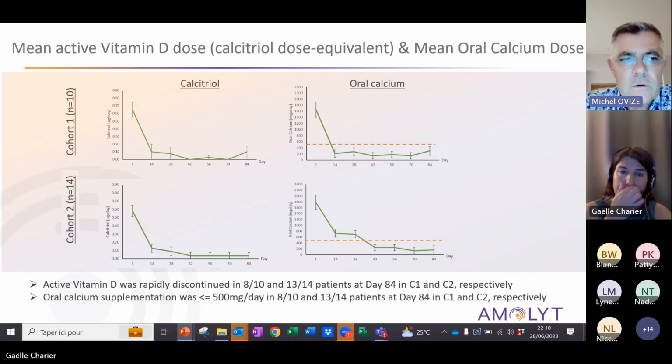You can see that in cohort 1, 10 patients, and in cohort 2, after only 2 weeks, most of the patients were off calcitriol or alpha-calcidol, and most of the patients took less than 500 milligrams per day of oral calcium, and this was maintained after 3 months of treatment with eneboparatide. So most of the patients were off conventional therapy at the end of the 3 months treatment period.